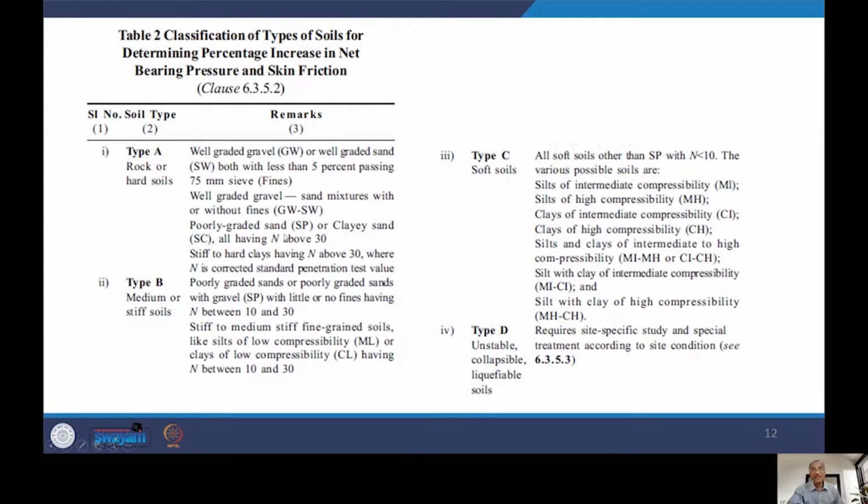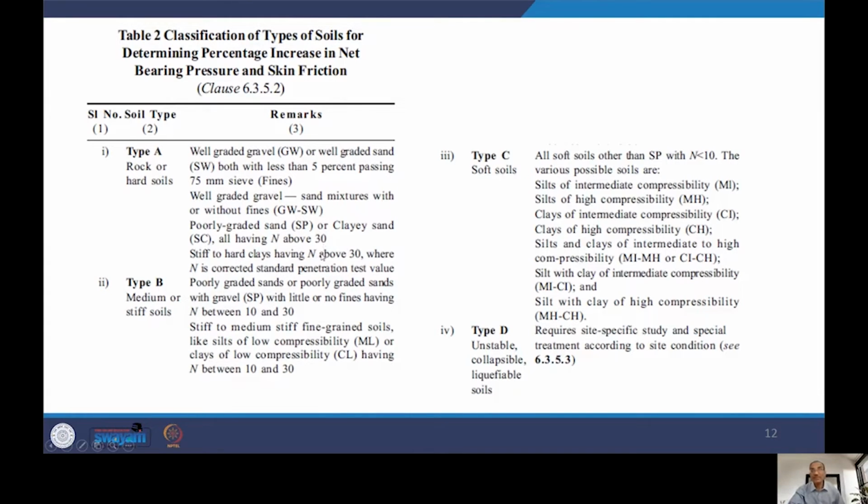Type A is well-graded gravels or well-graded sands, that is, it could be GW or SW, both with less than 5% passing through the 75 micron sieve. So it is micron here, not mm. And then well-graded gravel-sand mixture with or without fines. Then poorly graded sand SP or clayey sand, all having N above 30.